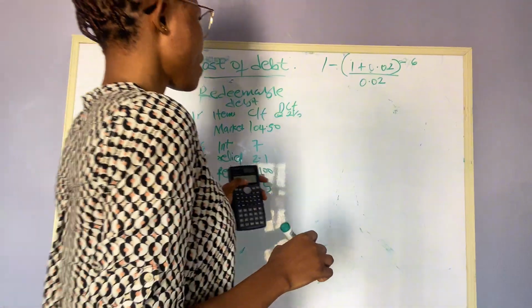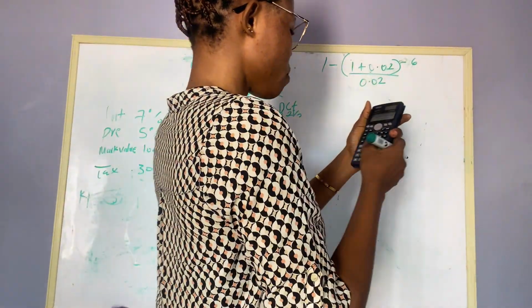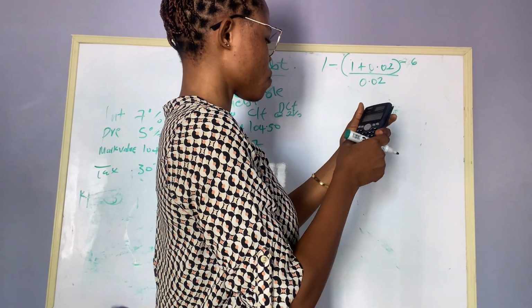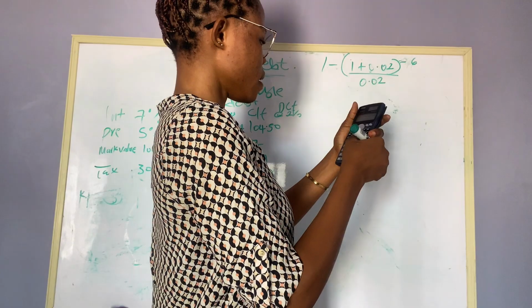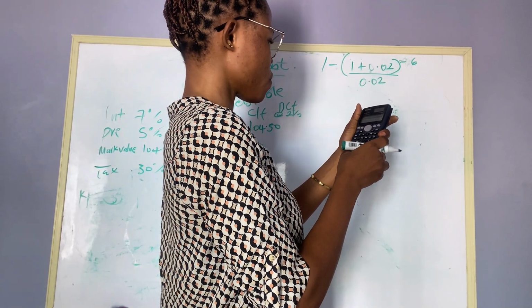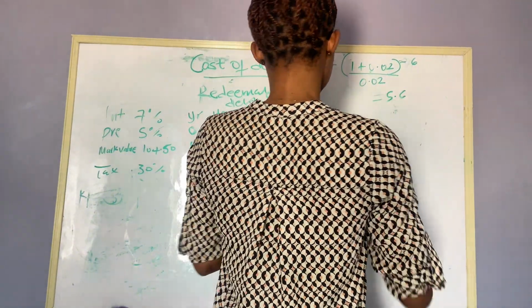Yes. So now we are going to say, okay, that's 1 minus bracket 1 plus 0.02 raised to power minus 6, divided by 0.02. So we get 5.6.